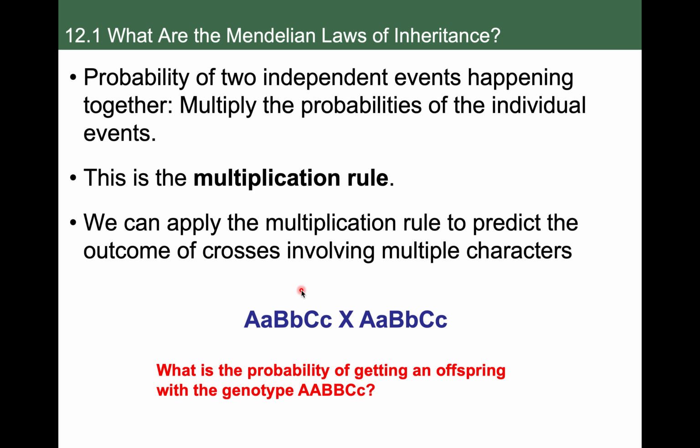And so the multiplication rule basically says that the probability of two independent events happening at the same time is the multiple of their individual probabilities. So if that's confusing, take for example a situation where you're going to flip two coins at the same time, and you want to know what's the probability that they're both going to land on heads.